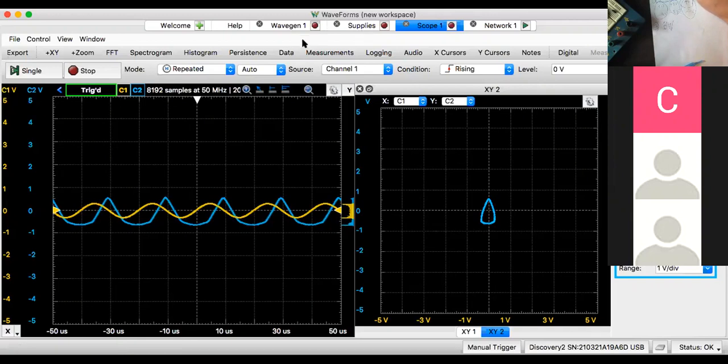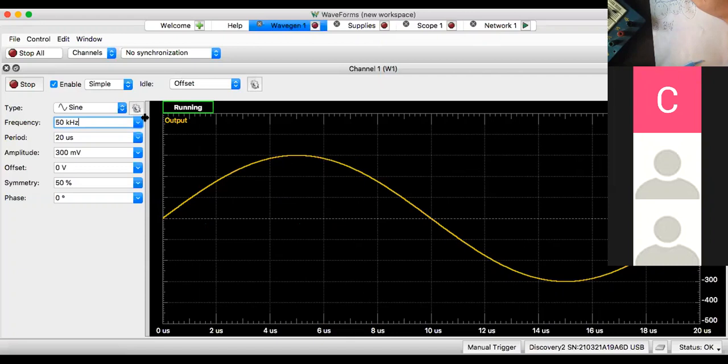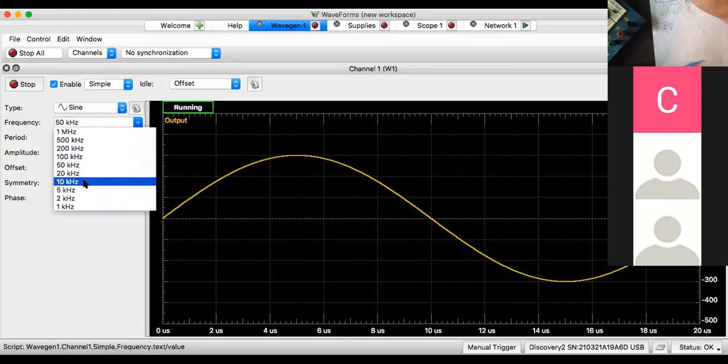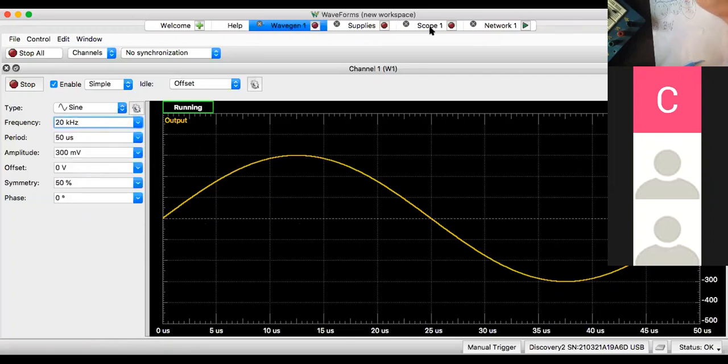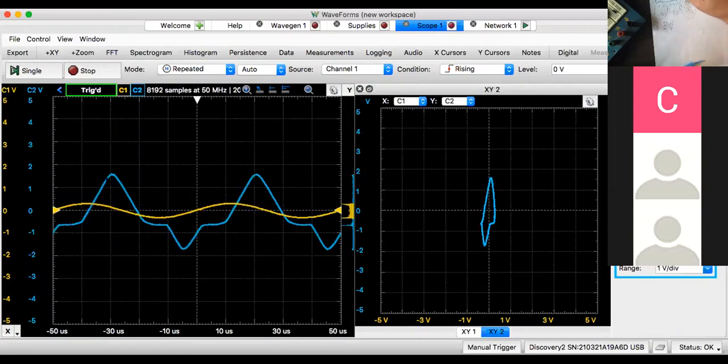There's a bandwidth limit. If I change to 25K, that's what happens, 20K. If it's 20K, wow, the gain is a little bigger. The gain is now 1.5. That's the input, that's my output.